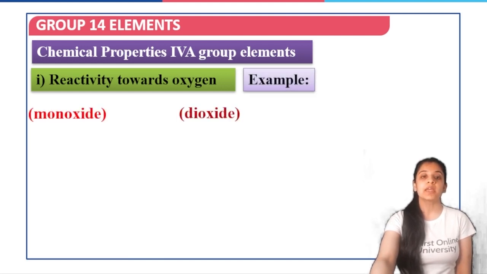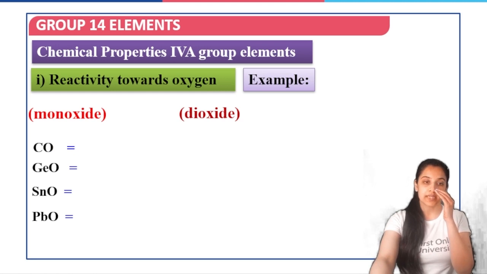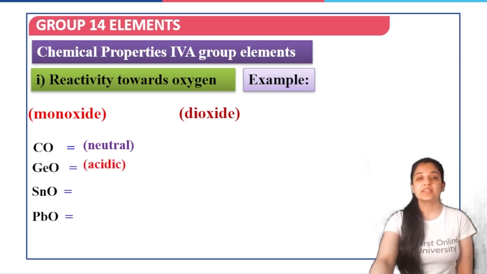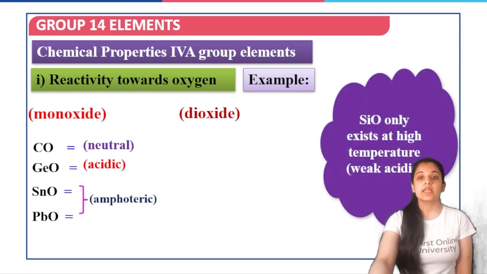For example, carbon monoxide, germanium monoxide, tin oxide and lead oxide are all monoxides, with CO being neutral, GeO being acidic, and tin and lead oxides being amphoteric in nature. Silicon monoxide is the only one that exists at high temperatures and it is weakly acidic.